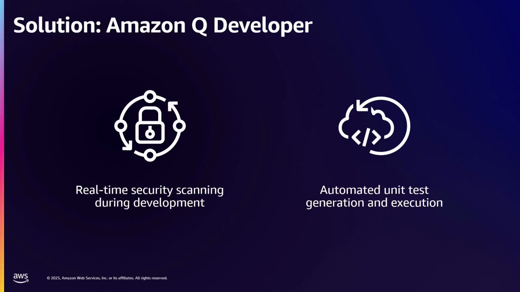You can also scan your code for security vulnerabilities using Amazon Q Developer, make code improvements and upgrades, and patch those security vulnerabilities. For this presentation, I'll be focusing on the two main capabilities of Amazon Q Developer: real-time security scanning during development, and automated unit test generation and execution.